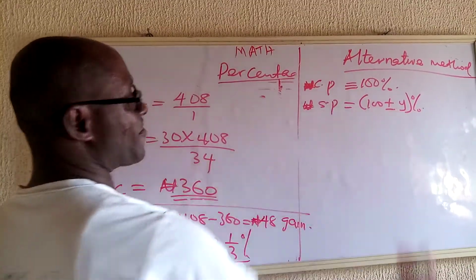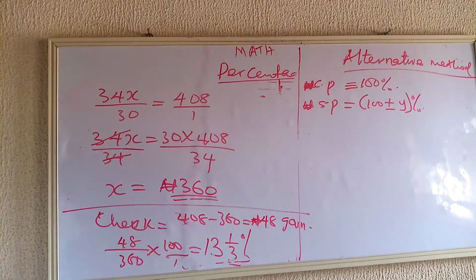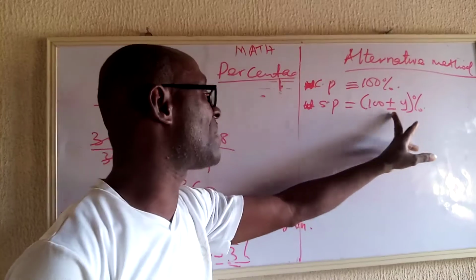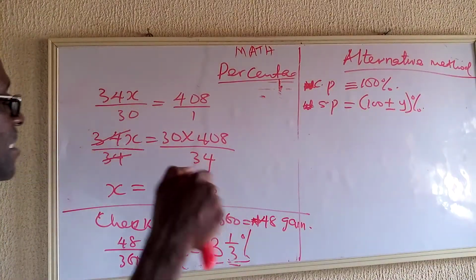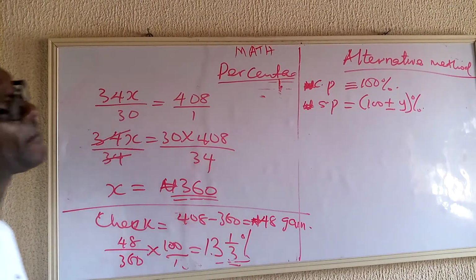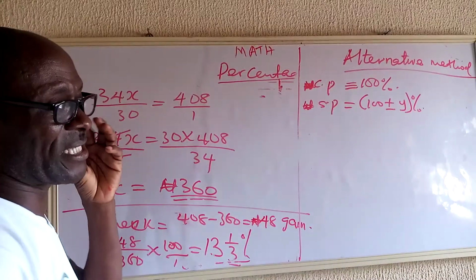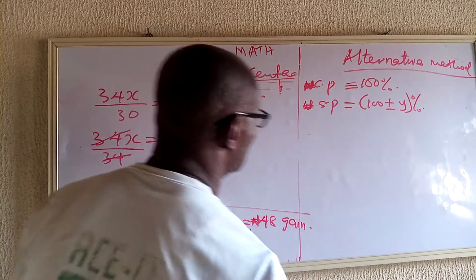Don't forget y here represents the percentage given. And you will use plus if it is gain. We use minus if it is a loss. So since it is gain here, I'm going to use plus. And that y will now be the percentage given, which is 13 and 1/3.